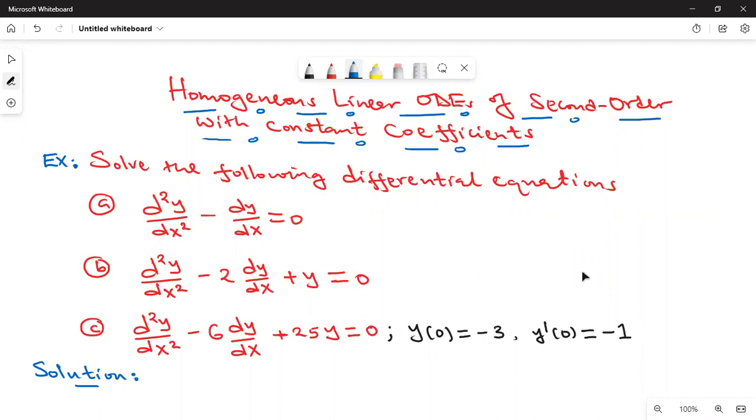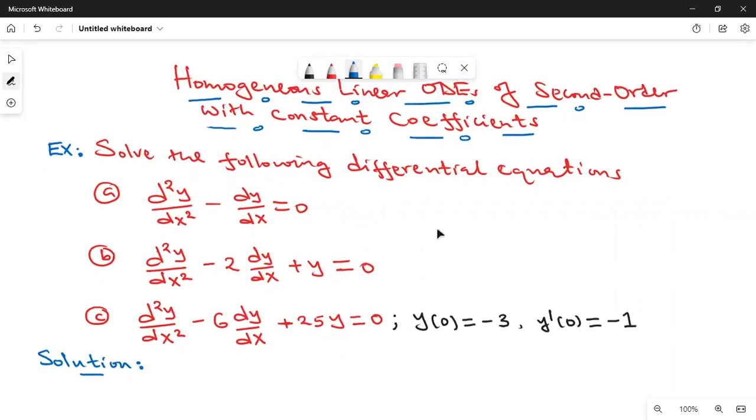Today we are going to look at how to solve second order linear homogeneous ODEs with constant coefficients. Now we are given three questions. In part A, we have d squared y over dx squared minus dy over dx is equal to 0. In part B, we have d squared y over dx squared minus 2 dy over dx plus y is equal to 0.